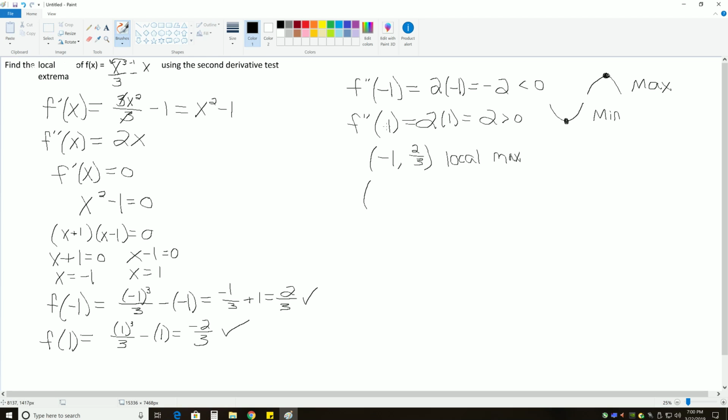And now we'll pick our critical number of 1. (1, -2/3) is a local minimum. And this gives us all of our relative or local extrema using the second derivative test.